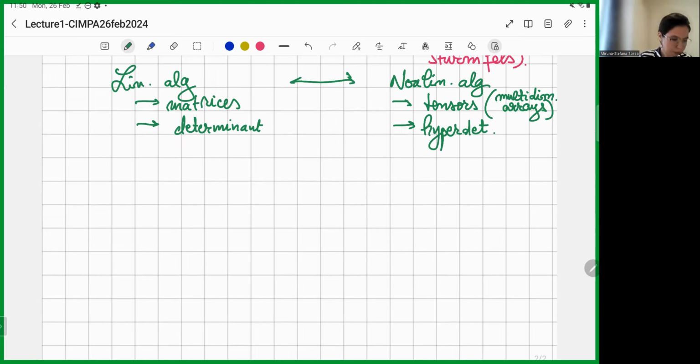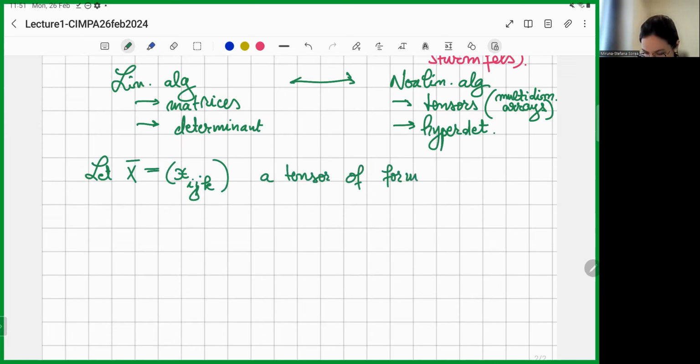Okay, so let us consider x_ijk, a tensor of format 2 by 2 by 2. Here 2 by 2 by 2 gives us 8 variables. These are the entries of this tensor, and we can consider this as a cube.